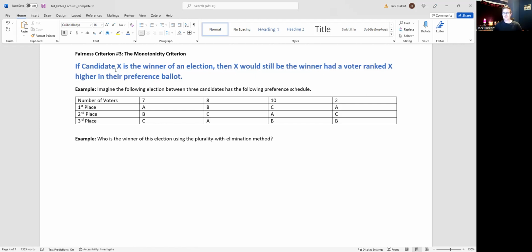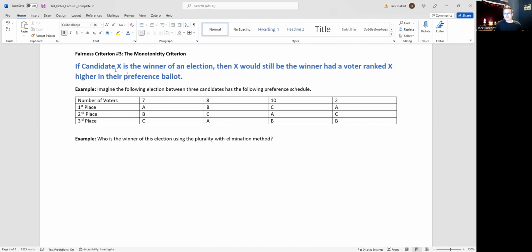Another way of saying this is that a candidate should not be penalized for having a voter retroactively rank them higher up. Ranking a candidate higher up should only benefit that candidate when compared to the previous situation. To me, the monotonicity criterion seems obviously like a very fair thing. It would be very paradoxical to me if by ranking a candidate up, I actually hurt their chances of winning the election.